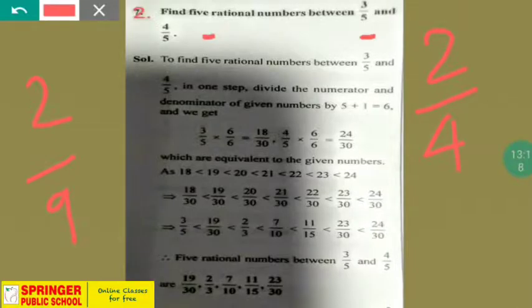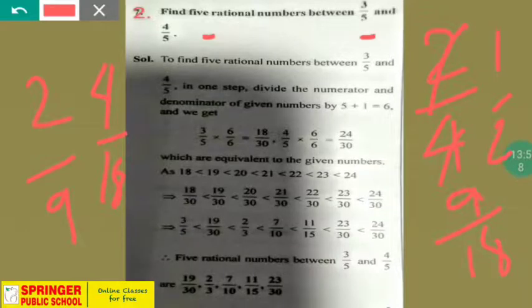2 upon 9 and 2 upon 4, that means we have to make the denominators 9 and 4 equal. So the LCM of 9 and 4 will be 36, or we can take 18. We will convert both of them to 18. 2 upon 9 becomes 4 upon 18, and 2 upon 4 becomes 1 upon 2, so it becomes 9 upon 18.